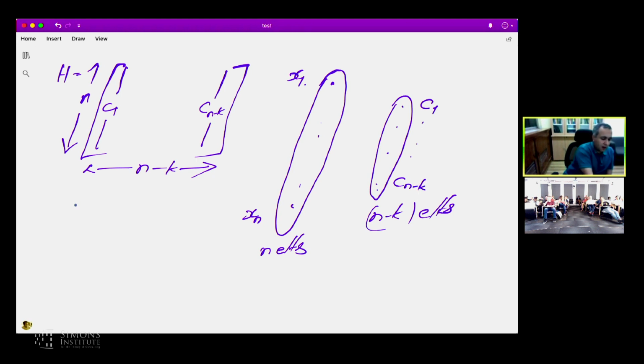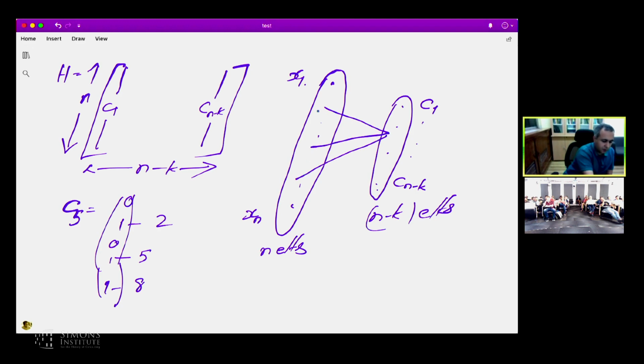Suppose you have one constraint, some constraint C5. C5 has ones in the second position and say the fifth and the eighth position and zeros elsewhere. The corresponding C5 is going to be connected to these three, X2, X5, and X8.